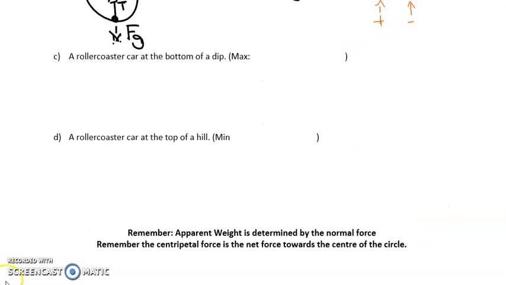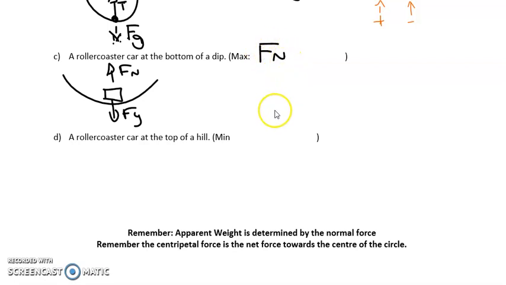Well, what happens if you've got a roller coaster at the bottom of a dip? At the bottom of a dip, you've got this roller coaster car. The force of gravity is moving downwards, and there is a normal force pushing it up. It's actually the normal force that's keeping it here, because at the bottom is where you're going to see the maximum normal force.